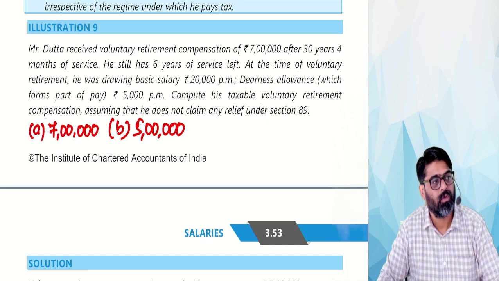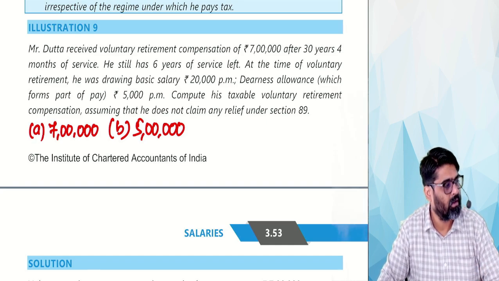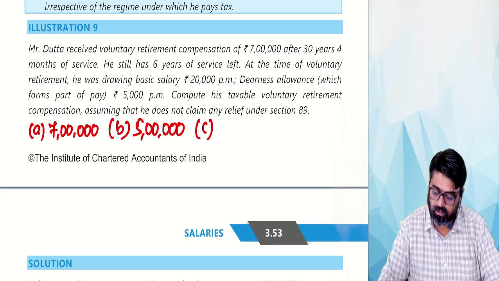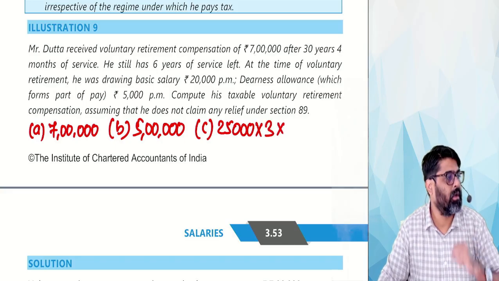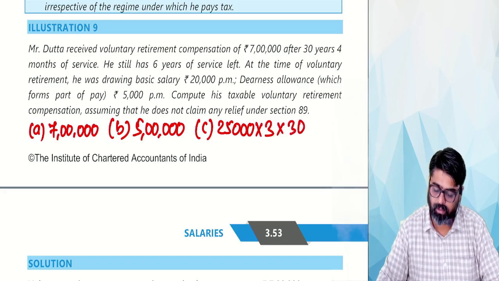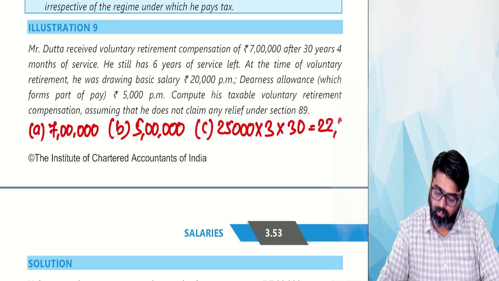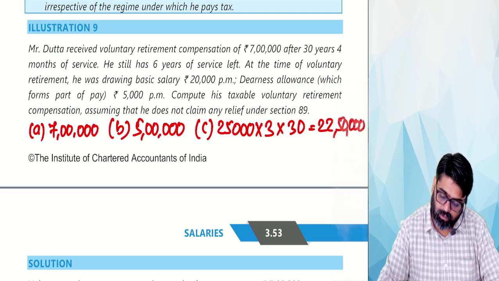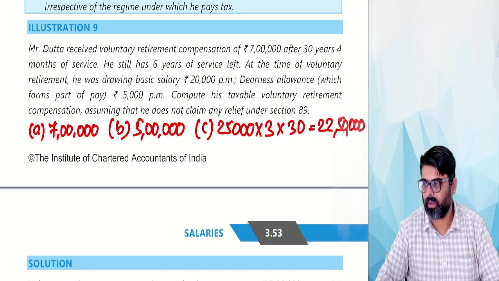DA in terms 5,000. Turnover commission nil. So last drawn salary was 25,000, into 3 for every completed year of service. Completed years were 30. This will be 22 lakh 50,000. Everyone got this?